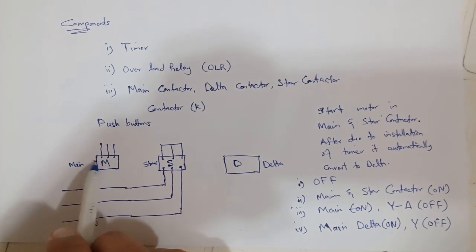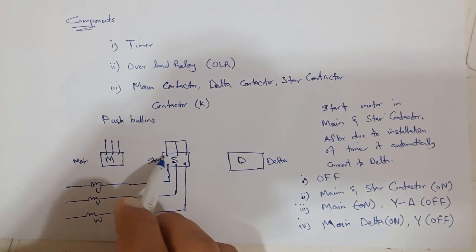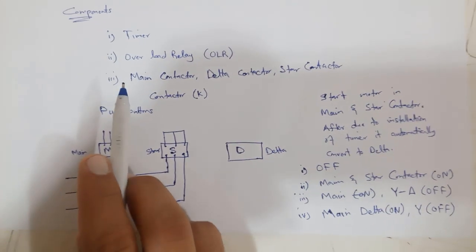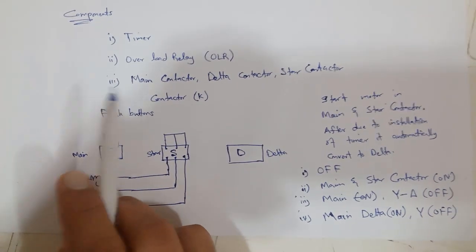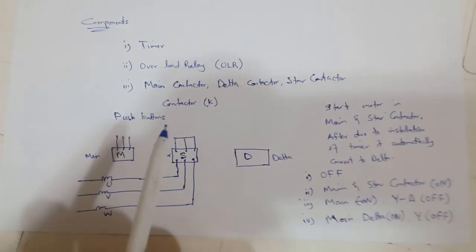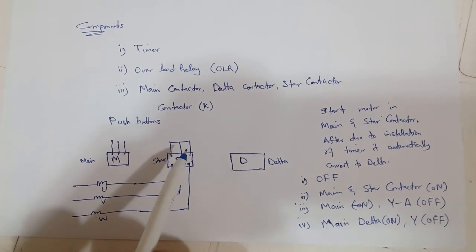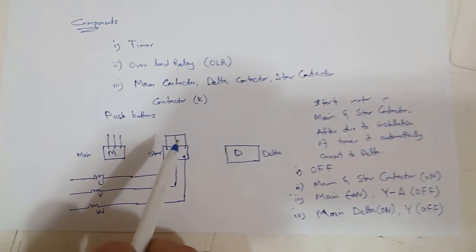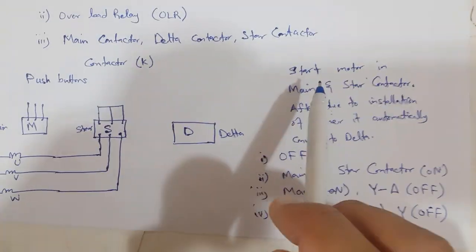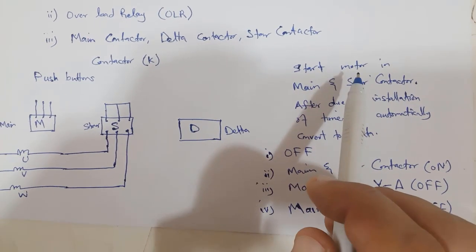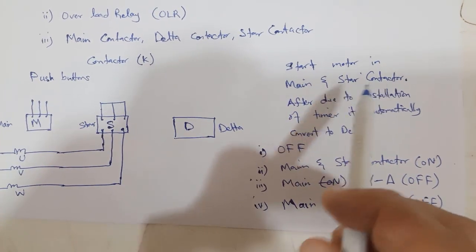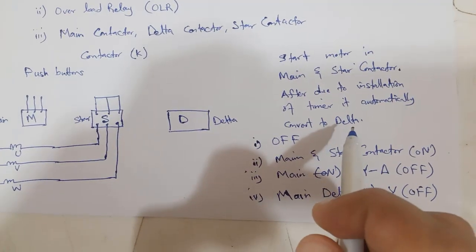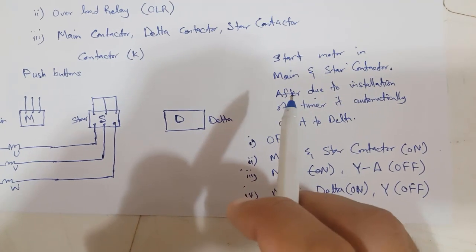In start, our motor will start in star, and after it, due to the timer already installed in the circuit, after some time it will automatically convert to delta. See here, it will start in star connection, because in start the motor always draws less current as compared to delta. You can see here, the motor starts in main and star contactor, and after the timer, it automatically converts to delta and continuously runs in delta.